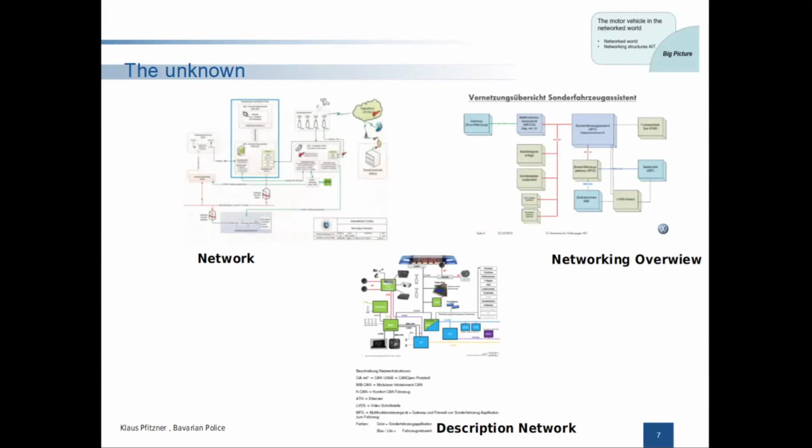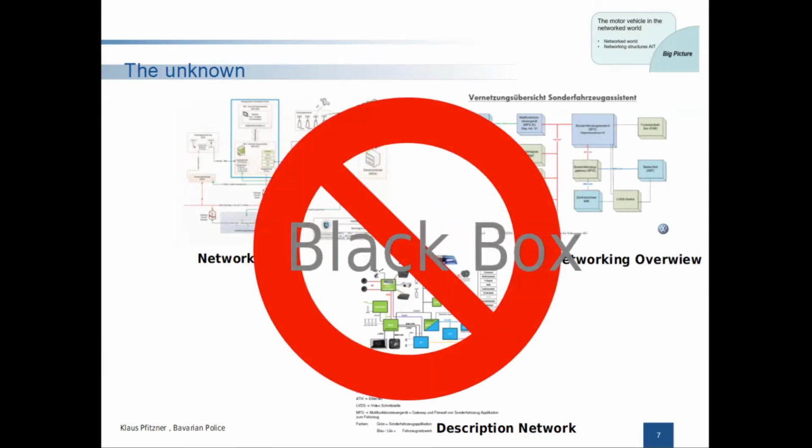You need detailed knowledge to give a clear assessment. Unfortunately, there is no transparency in the field of vehicle technology. You are in the role of a supplicant. The system presents itself as a black box. Therefore, only a restricted assessment of this system is possible.